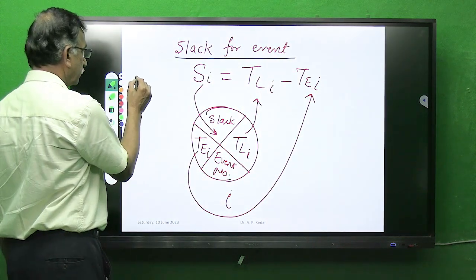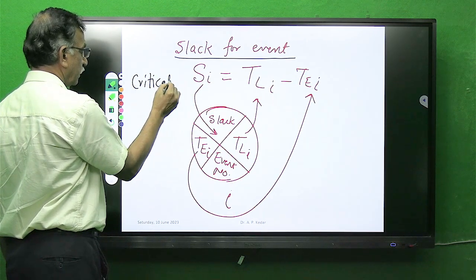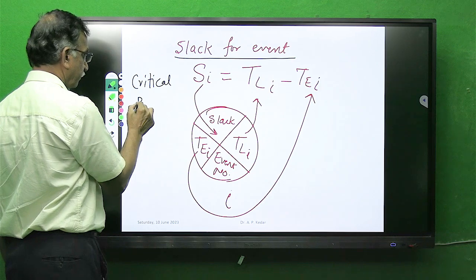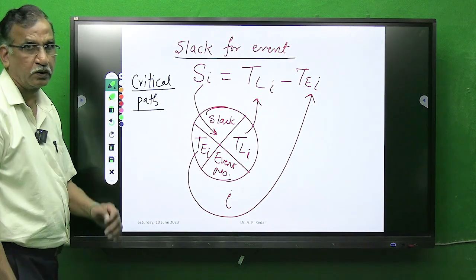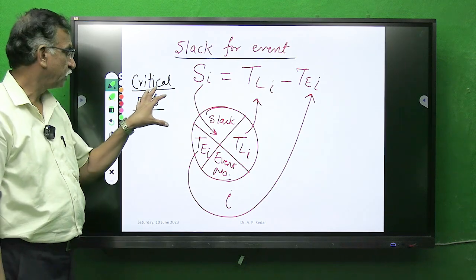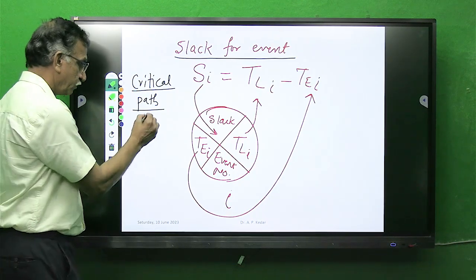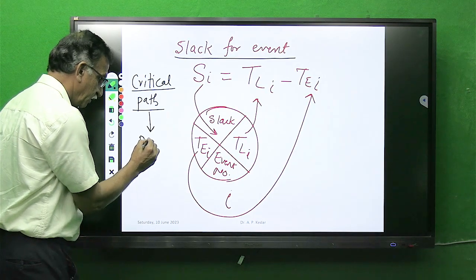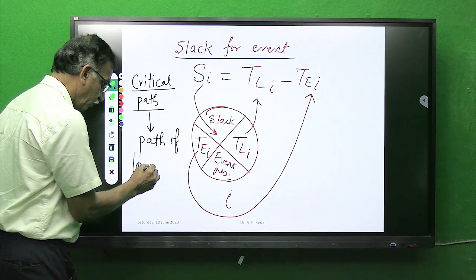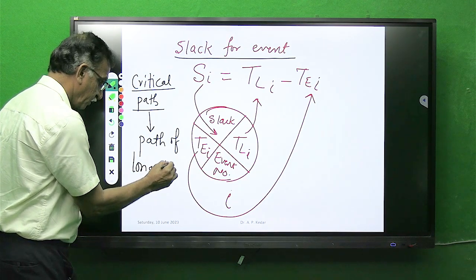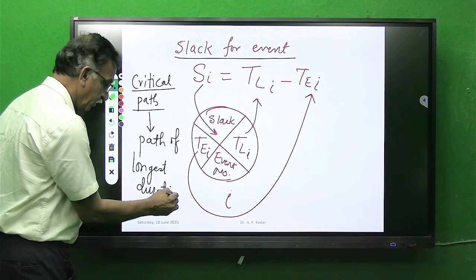Now another is critical path. So students, critical path is the path of longest duration on any network.